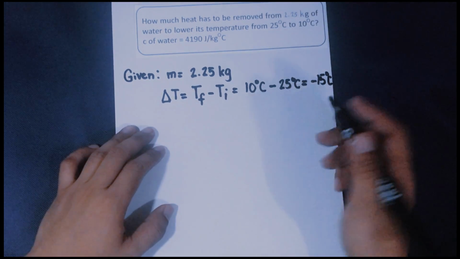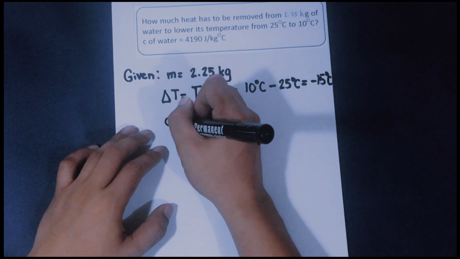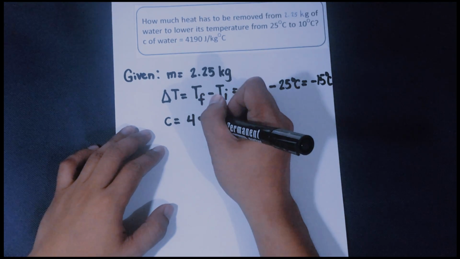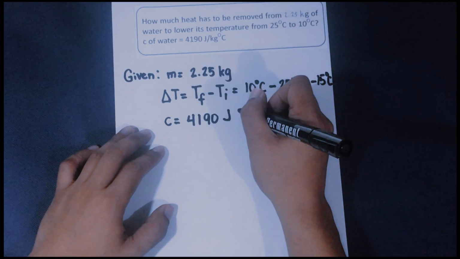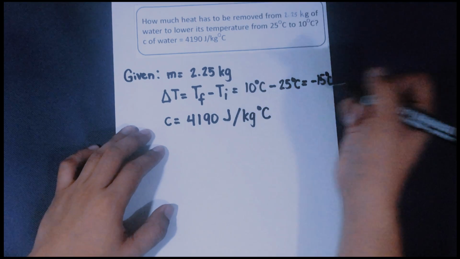Next one, we have the specific heat of the liquid water, which is 4,190 joules per kilogram degrees Celsius.